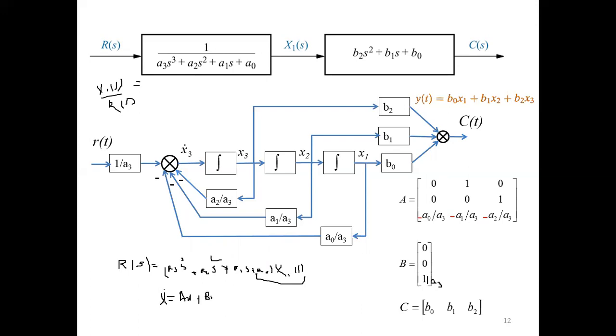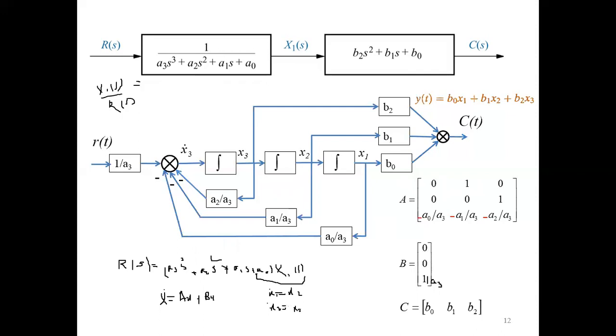As the state variable vector x has three terms, x1, x2, and x3, x1 is already written as x1 dot is equal to x2. So here we can see that we have the x2 term, and x2 derivative is equal to x3.